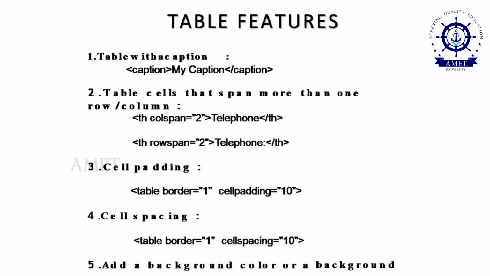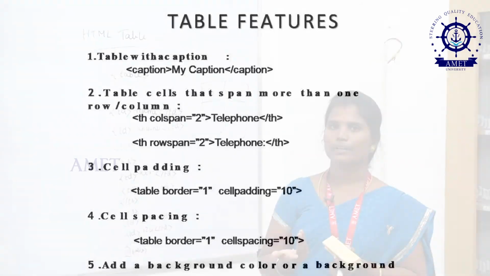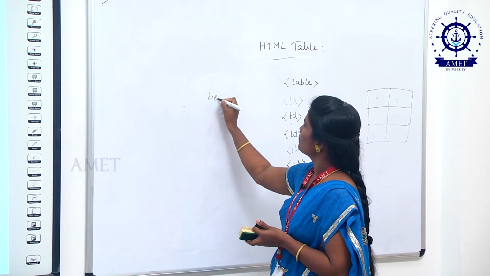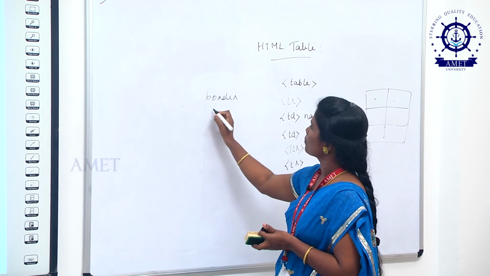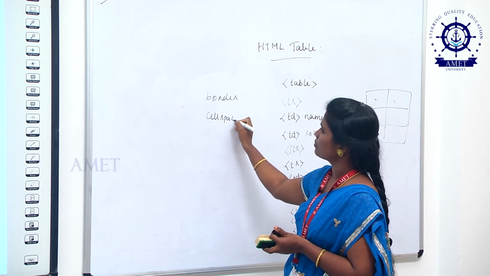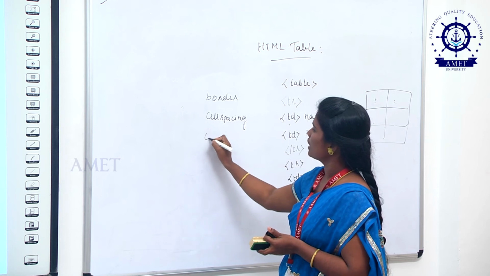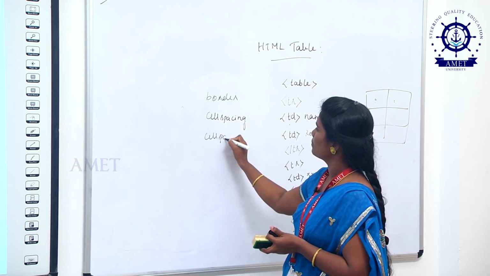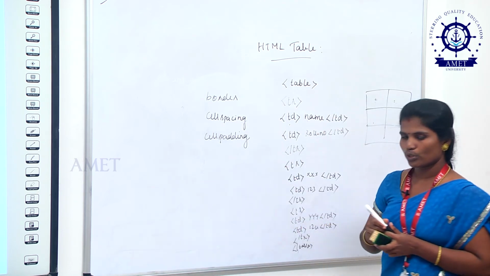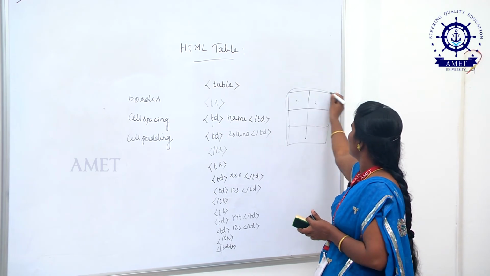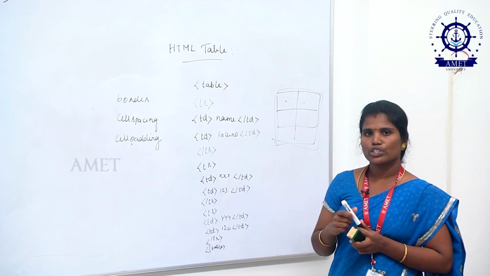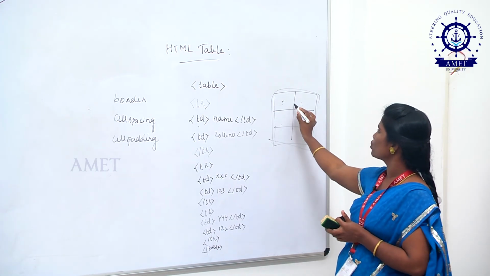And the attributes which you can use inside the table tag, these are the attributes: border, and then cell spacing, cell padding. So, border is an attribute which is used to give border of your table, and cell spacing is an attribute which is used to give space between the 2 cells.